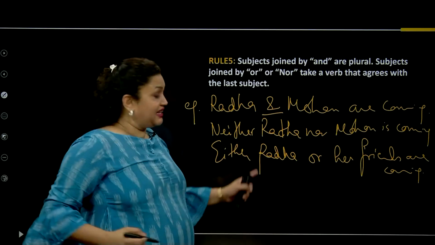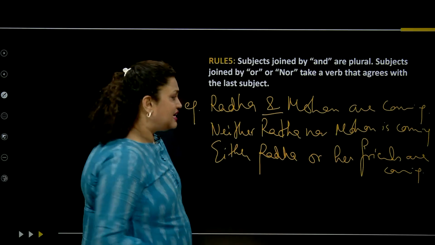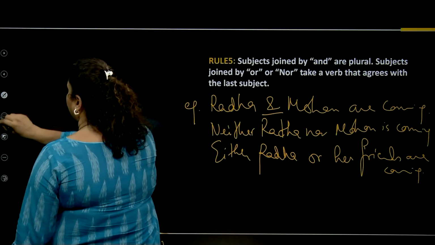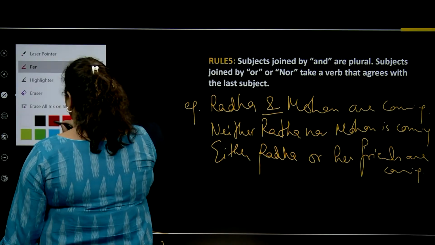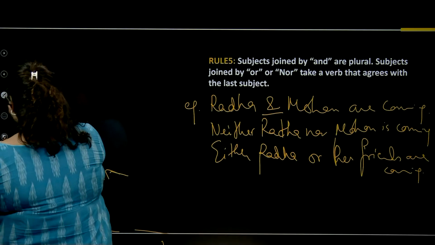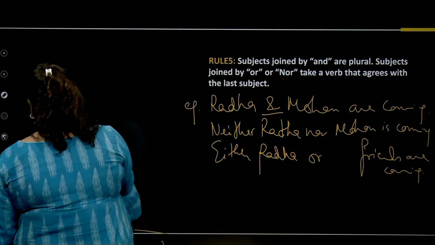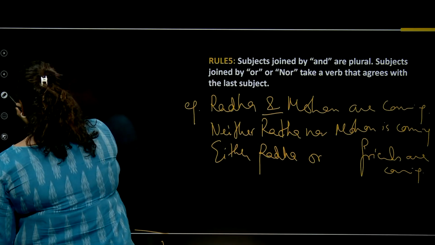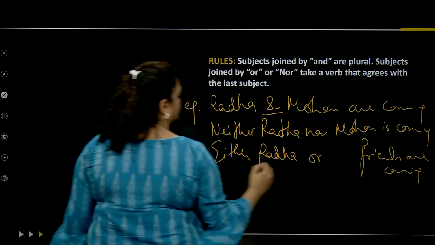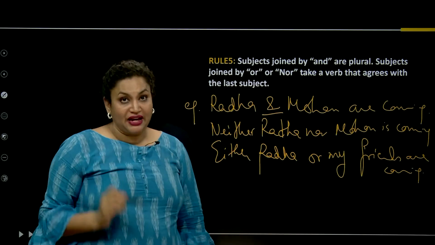In this case, either Radha is coming or her friends are coming. We can also do it this way: either Radha or my friends are coming.